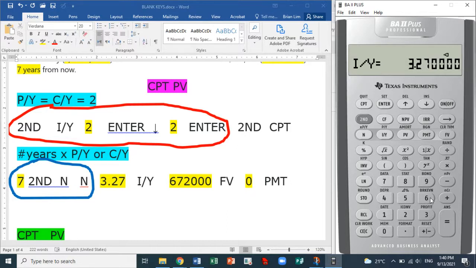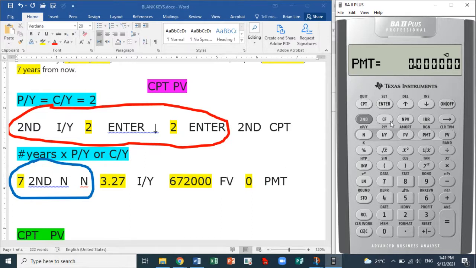And then we are calculating PV, so we skip over there. We could put in the PMT first, or we could put in the 672,000 for the future value and 0 for PMT. All right, so there we are.